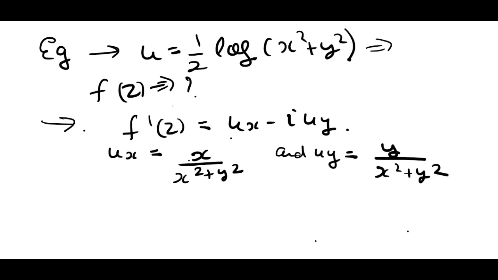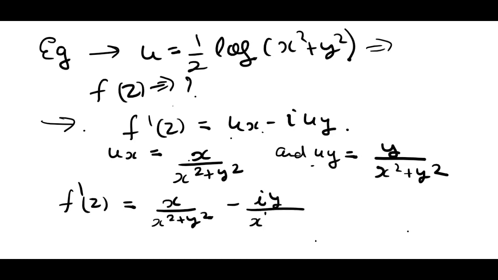So we are going to put this and this in this equation. So f dash z becomes x upon x square plus y square minus i y upon x square plus y square.